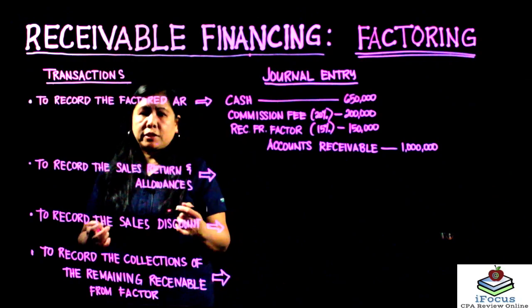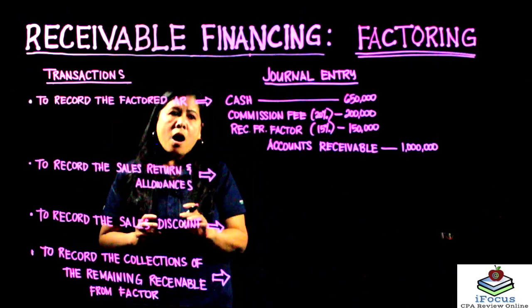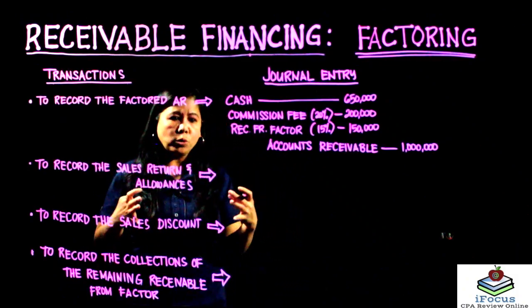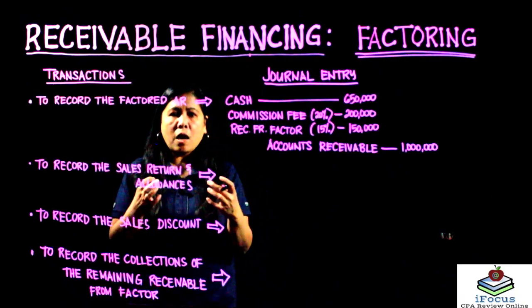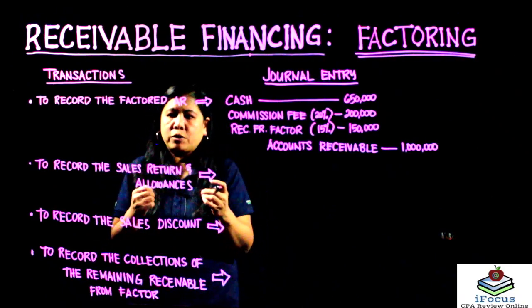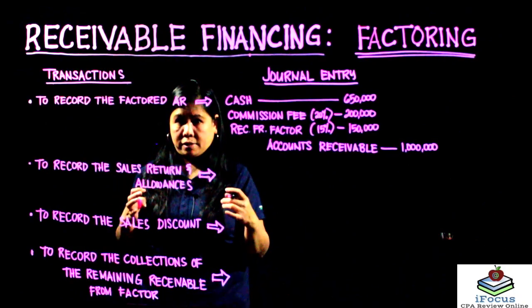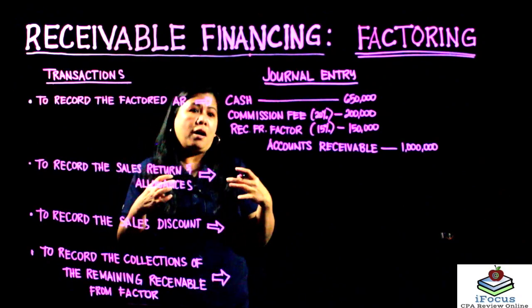Now, another transaction, the sales return and allowances. Remember, our receivable from factors or the factor's holdback. The reason why the factor is holding some amount of this is to allow some allowances or sales returns and allowances. So, let's say for example, mayroong nag-return na customer.